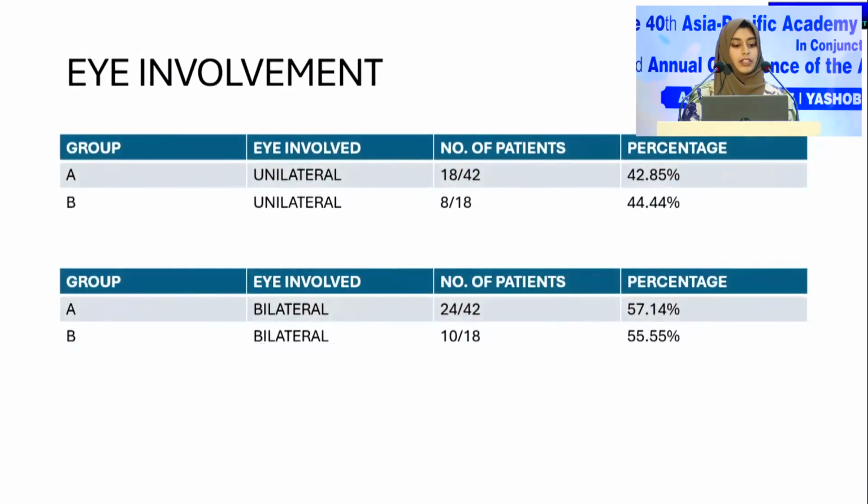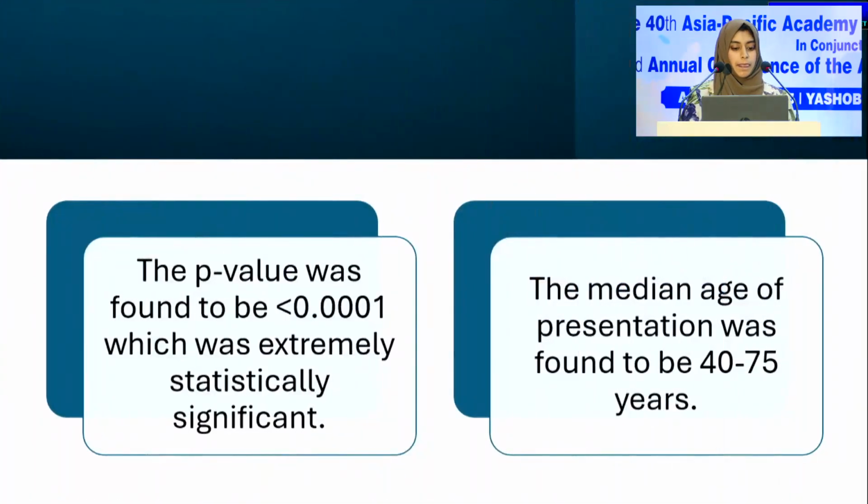Eye involvement, it was noted that the bilateral involvement was more than the unilateral one. In group A, we had 42.85% unilateral eyes involved, whereas in group B, we had 44.44%. The p-value was found to be less than 0.001, which was extremely statistically significant.